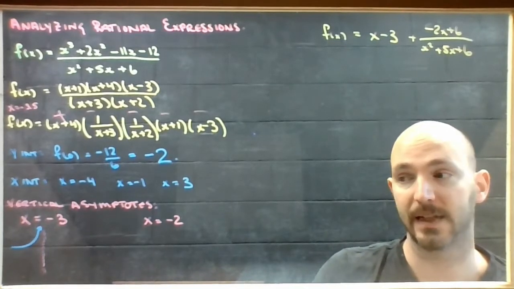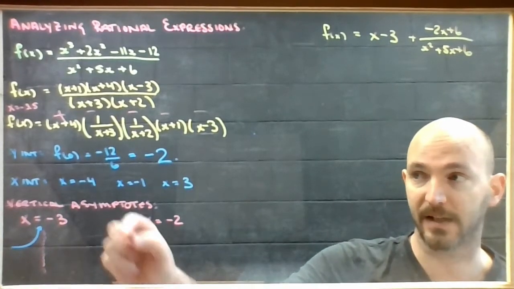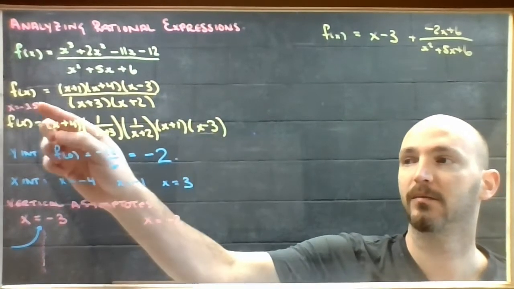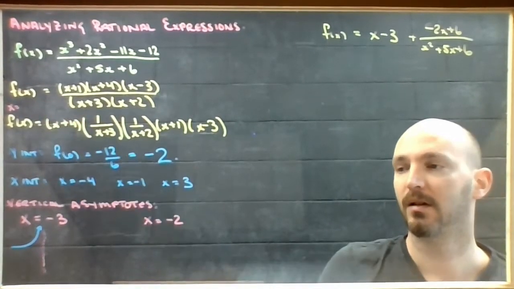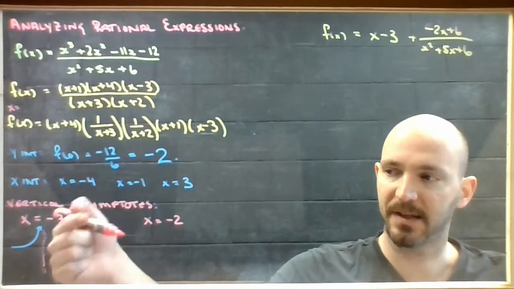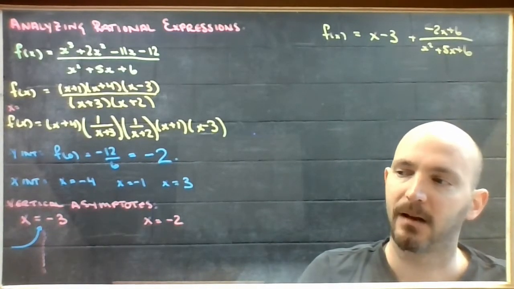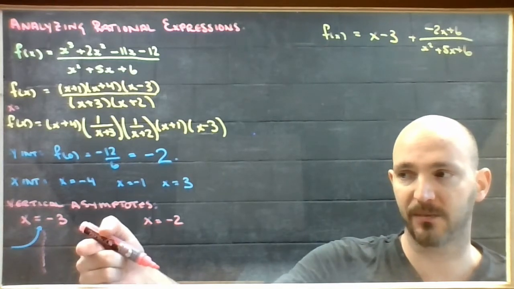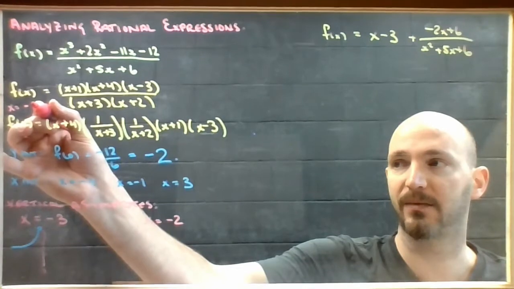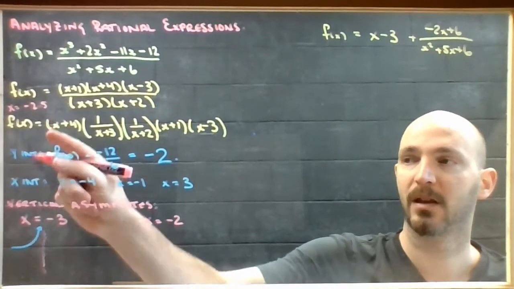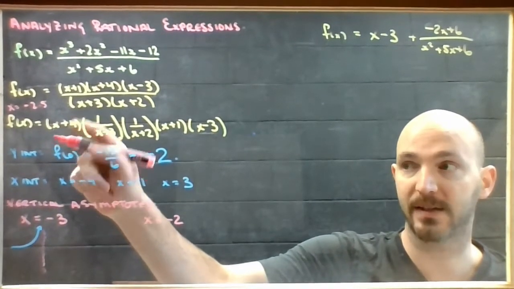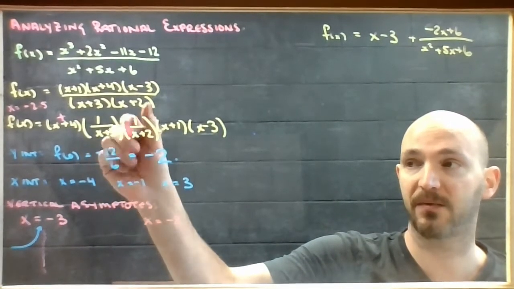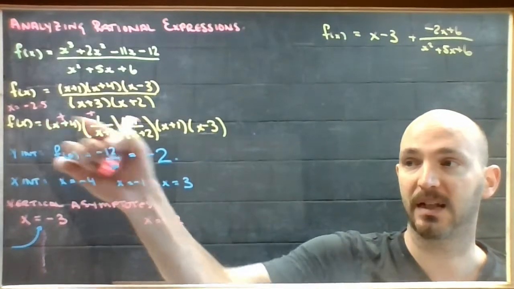So I'm going to try that again, and I'm going to try it on this side of the asymptote. Clear that out. So I need to step this way just a little bit. Instead of going to, well, let's just do a half. So half up from negative 3 would be negative 2.5. Put that here. That's enough to flip it positive. Put that here. It's enough to flip it positive. Put it here.